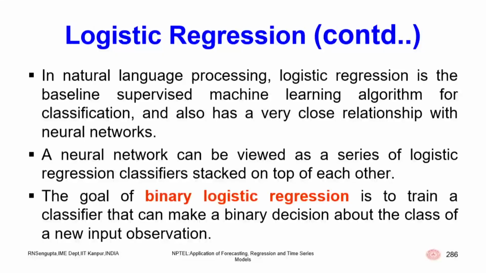The goal of binary logistic regression, because there are two outputs, is to train a classifier that can make a binary decision about the class of a new input observation. So, you have trained your model, as we all know in AI/ML, you train your model.